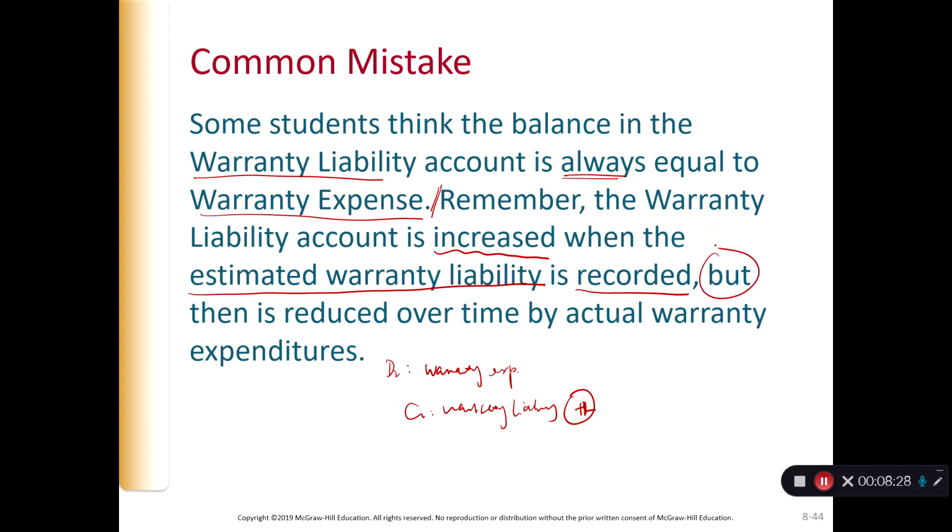However, when it's reduced, it's because we really pay out the liability when the repairs actually happen. Therefore, sometimes the actual and the estimate do not equal each other. Sometimes they differ. Hence warranty expense is not going to 100% equal warranty liability all the time.